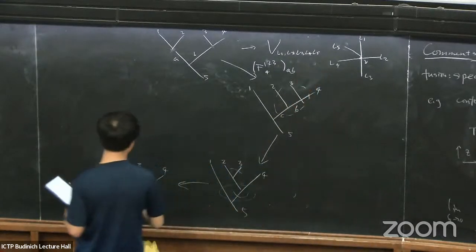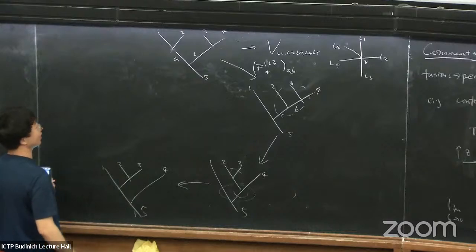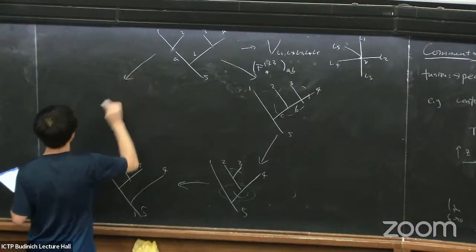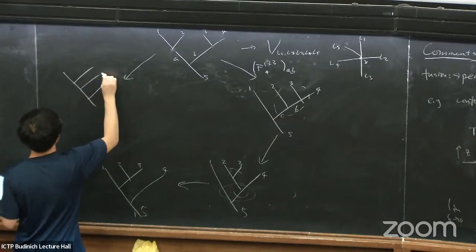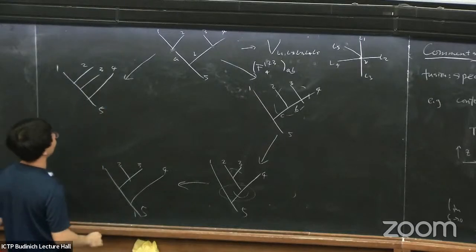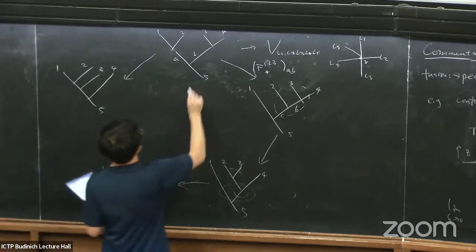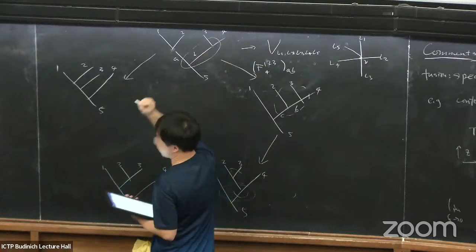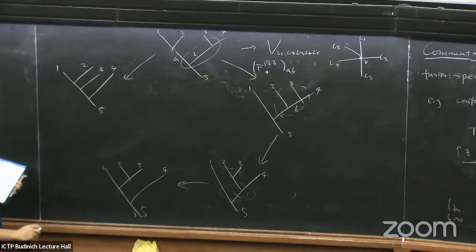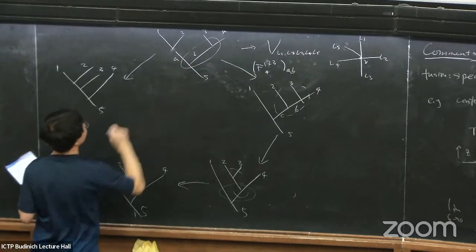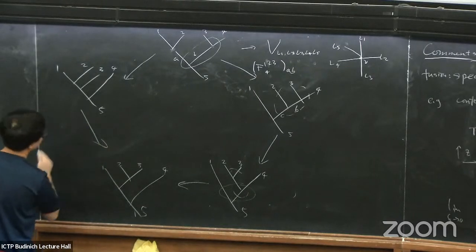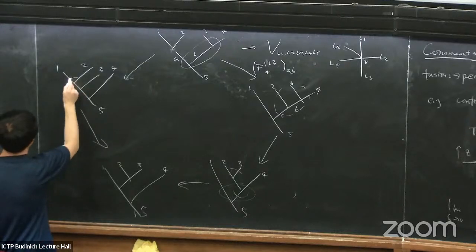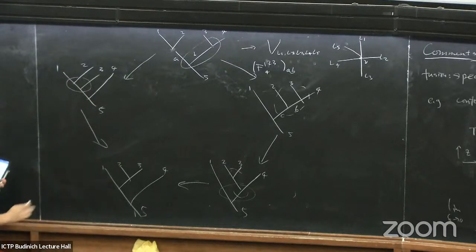But there's a different way to reach the same change of basis matrix, which is to do first this picture, which corresponds to doing an F move on this block. So you reconnect 3 with this other side of the diagram, and then do an F move on this region, and you get to this basis again.